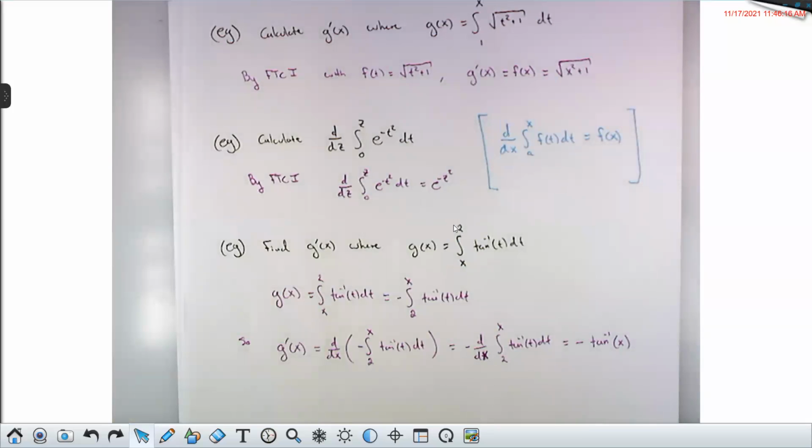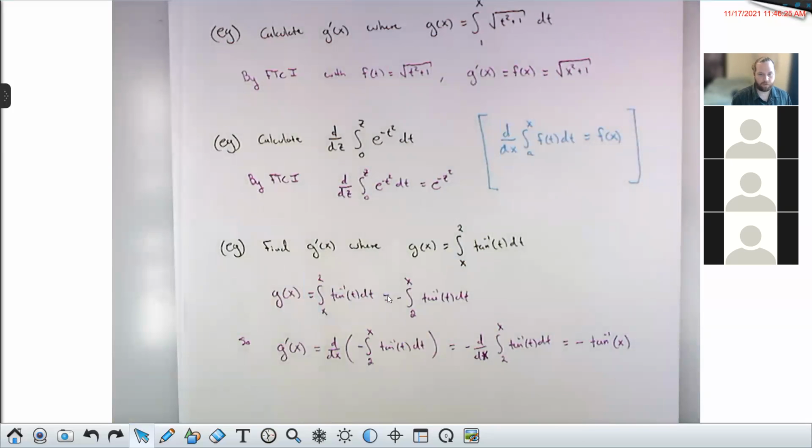So the first thing we did is we took this integral and flipped it over. By flipping over that integral, a negative pops out. So first I simplify this to negative integral from 2 to x. And when I differentiate that, the negative is just a constant multiple, so it comes along for the ride.